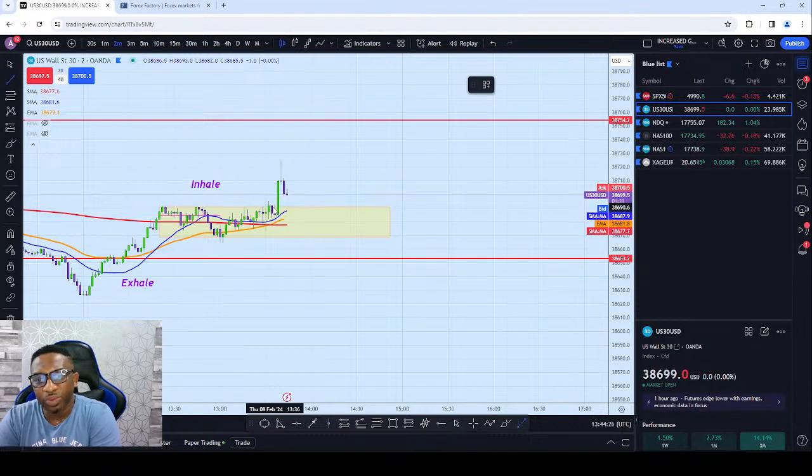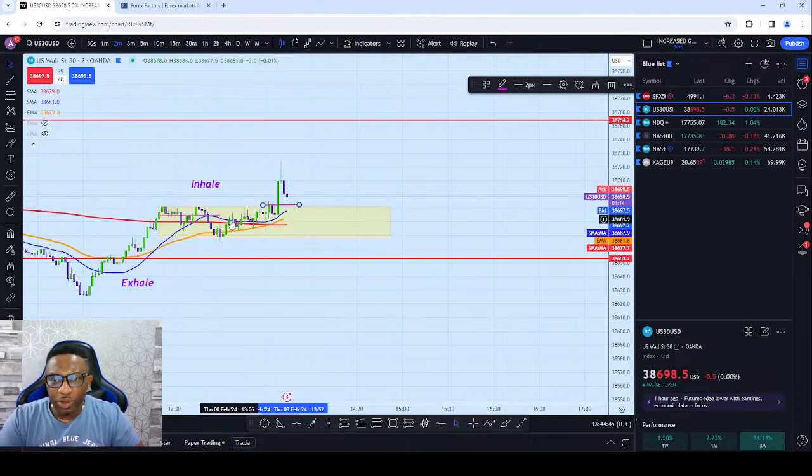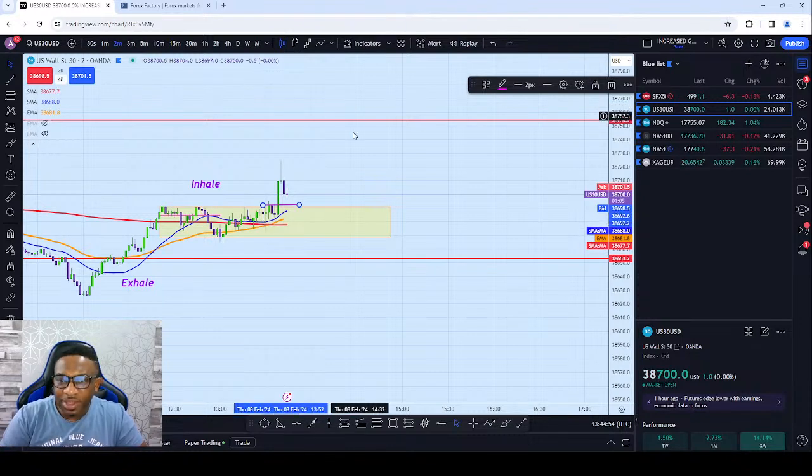So as price closed above this last purple candle here, as price moved above this zone, we could have entered on an anticipation entry on this particular trade, because price is above the moving average, and I said if price is above the moving average, we trade going up.